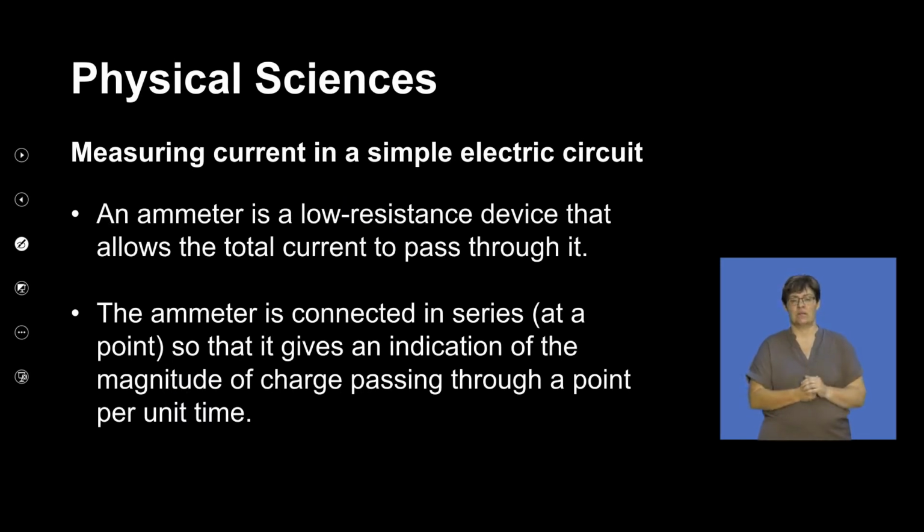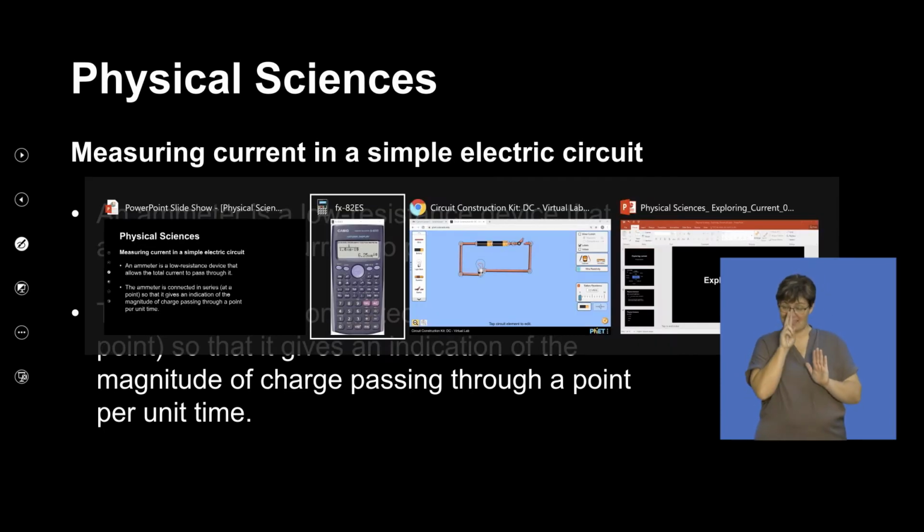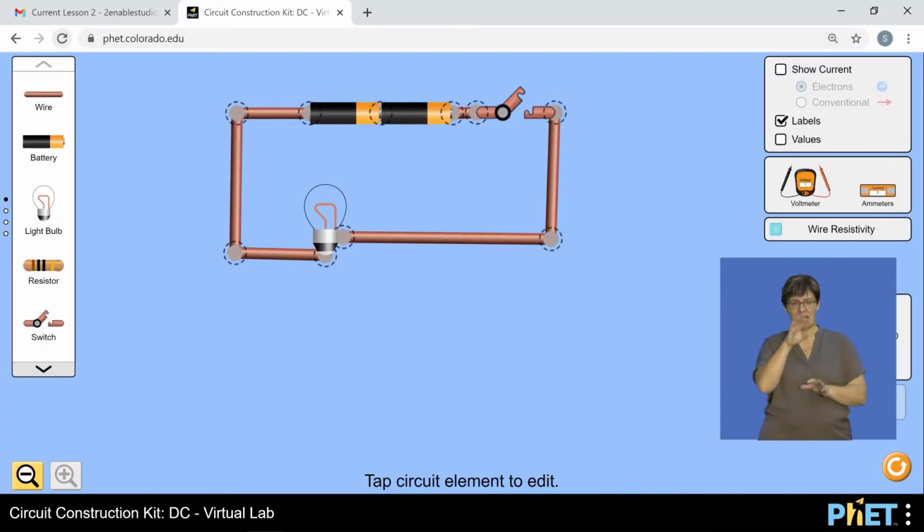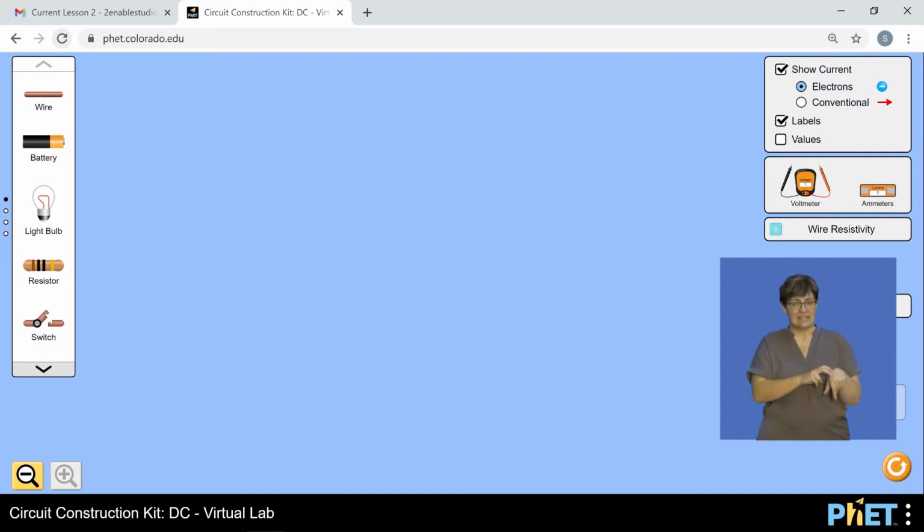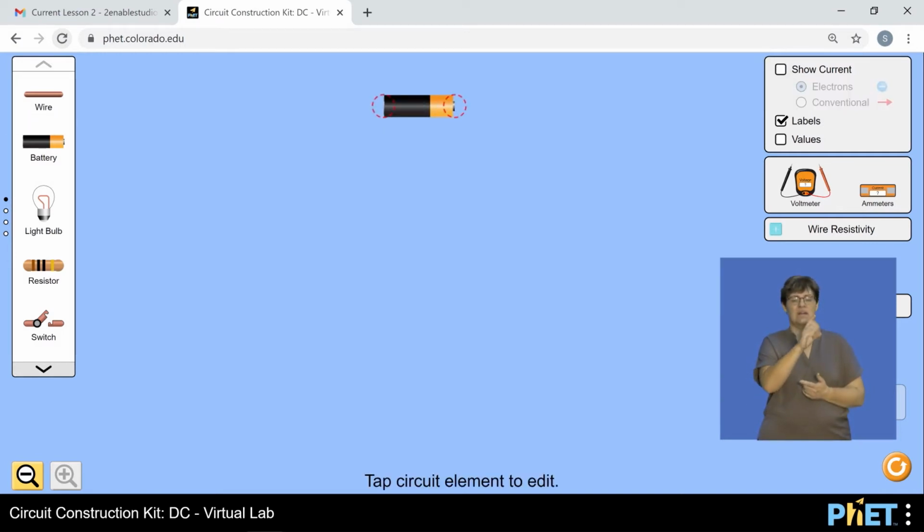But now let's look at measuring current in a simple circuit. Let's go back to our simulation. What do we need in a simple circuit? Let's take just one battery, one cell, and then connect wires, the conductors, to it.